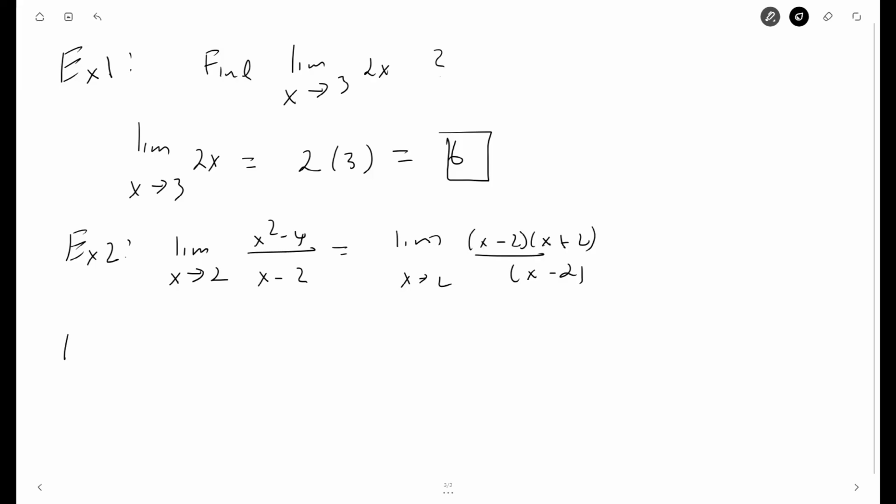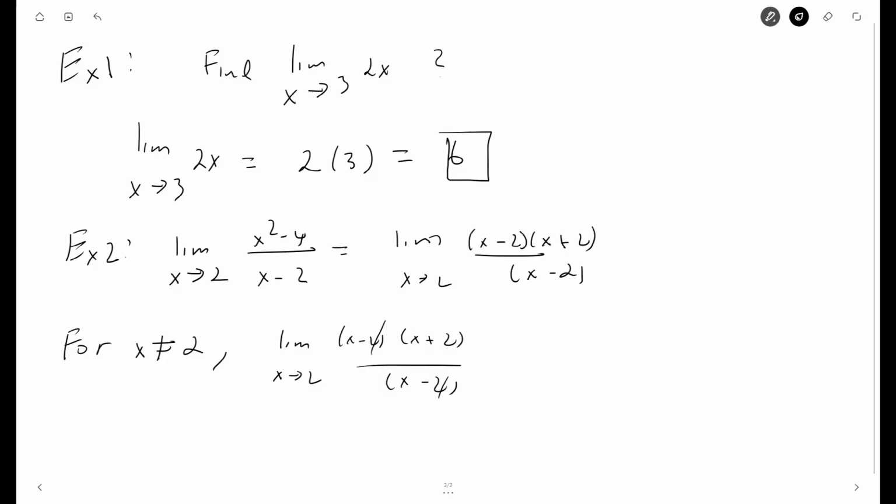And then we say for x not equal to 2, the limit as x approaches 2 of x minus 2 times x plus 2 over x minus 2.